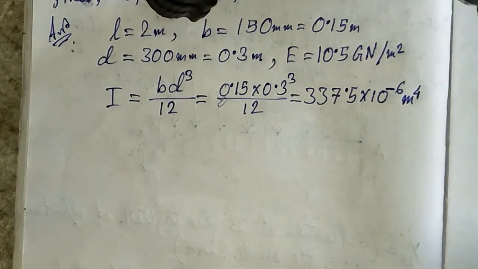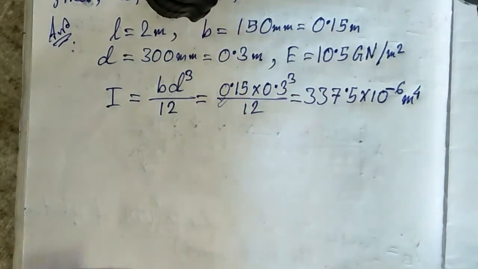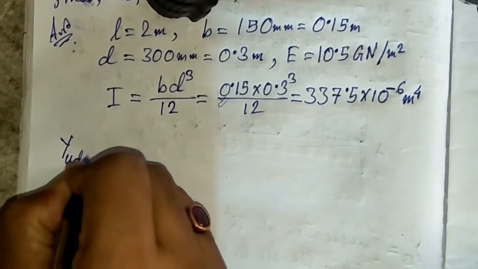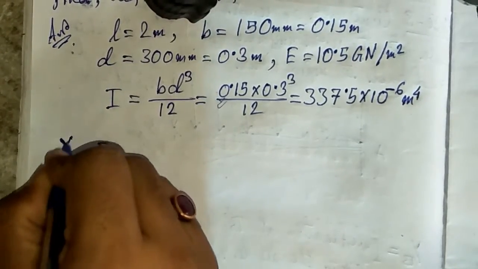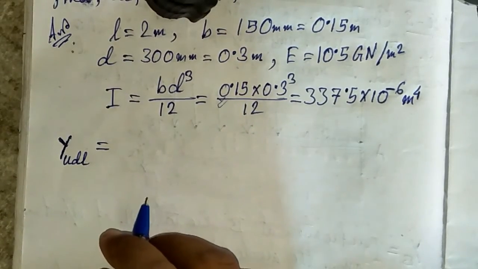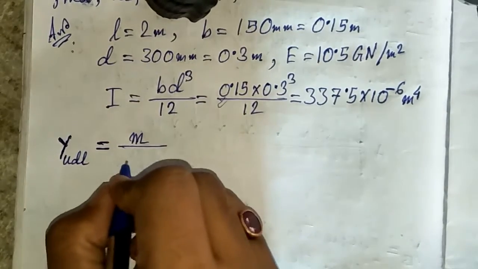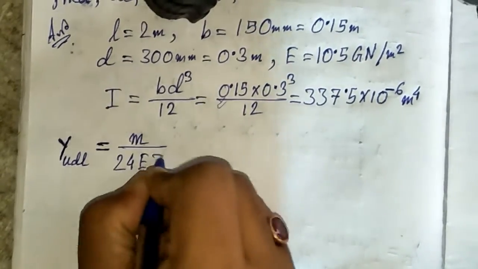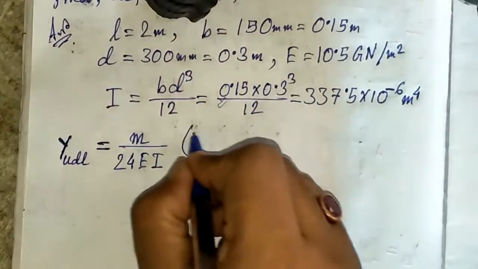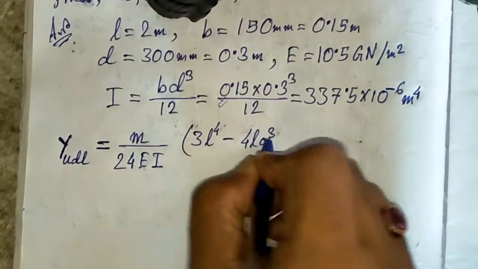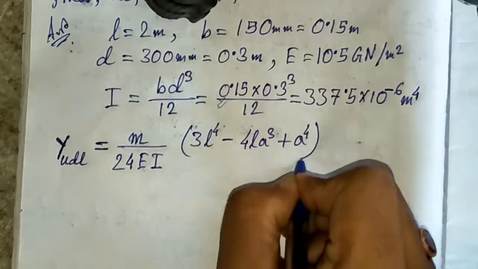So now to find out the deflection at the free end for UDL, that is Y for UDL. The formula for UDL is m by 24 EI into 3L to the power 4 minus 4L a cube plus a to the power 4.